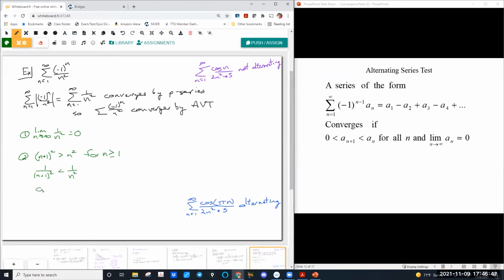Well, this right here is a sub n plus 1. That's less than a sub n. These are the two things we need to show right here. That it's decreasing and that the limit goes to 0. So now we've already shown this, but I wanted to just show you the alternating series test. Is convergent by the alternating series test.